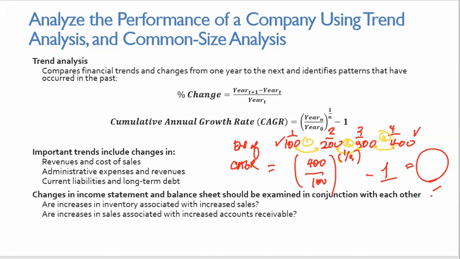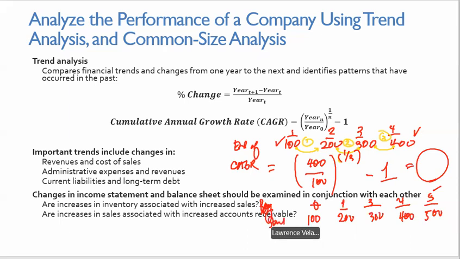Now, for example, if the numbers na binigay sa'yo are these: year 0, meaning at the start of year 1, 100; year 1, 200; year 2, 300; year 3, 400; year 4, 500; and it is at the start of the year. How do you now count the number of compounding periods?